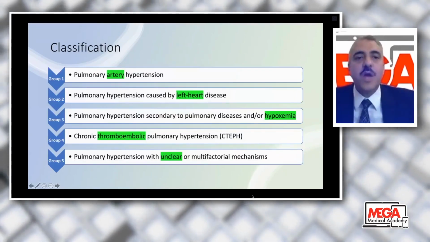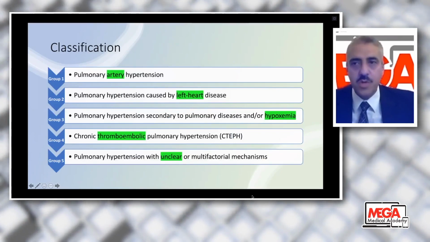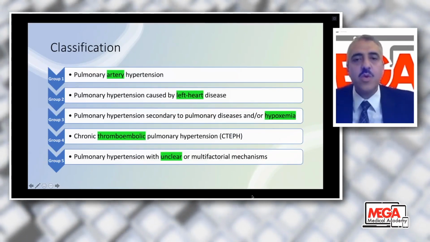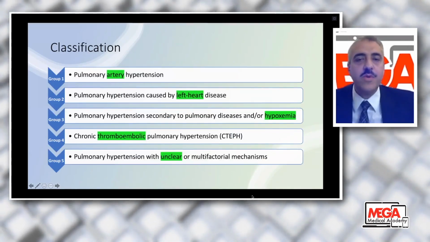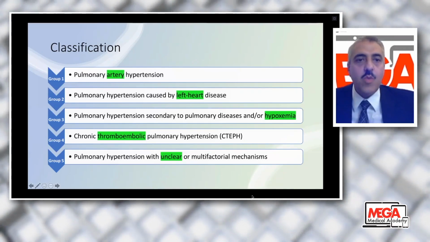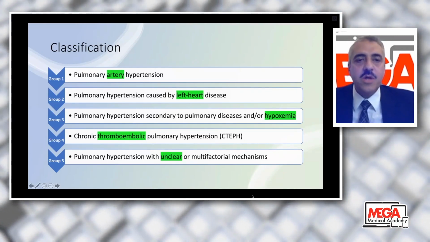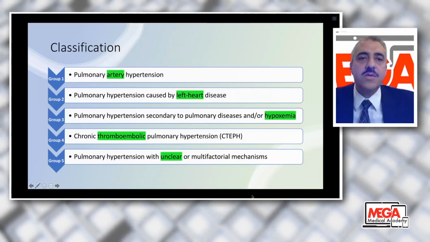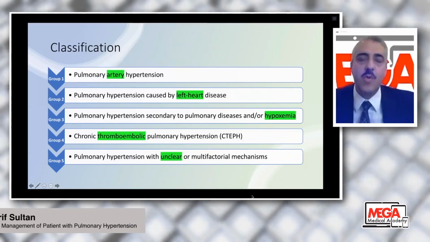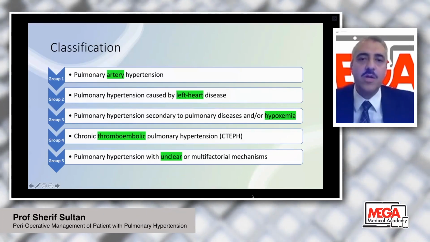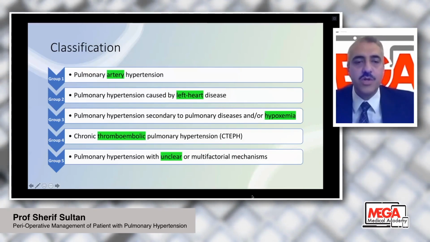This is the classification of patients with pulmonary hypertension, and this classification is important because it will go all through the lecture, in every chapter. Group 1 patients have hypertension due to a disease in the pulmonary arteriole itself, pulmonary artery hypertension.